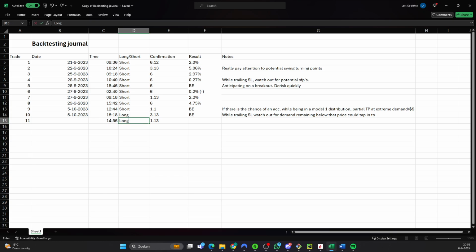We got a long, 6 10 2023. For now I'm just going to write 8.1%. It's like a 4.05 gain.